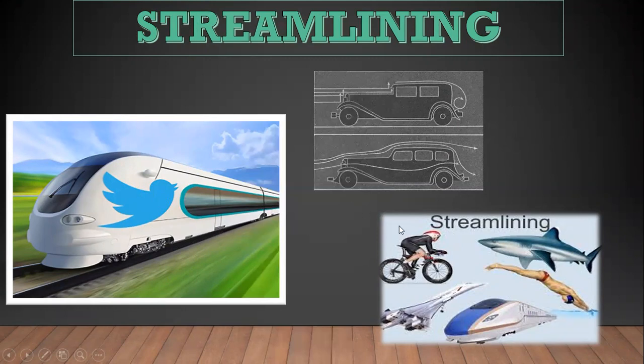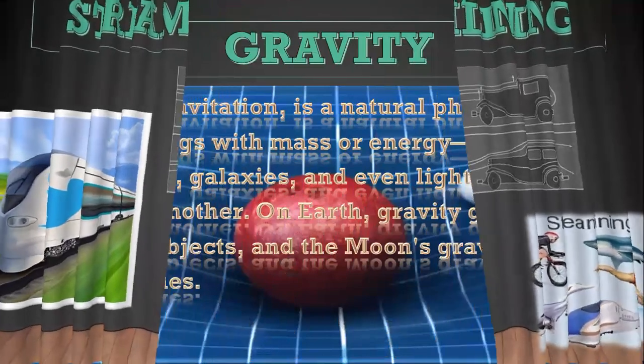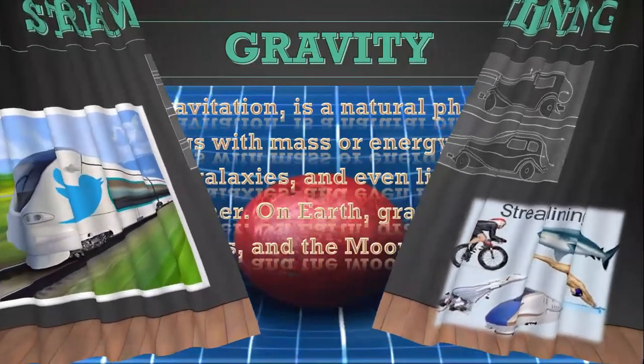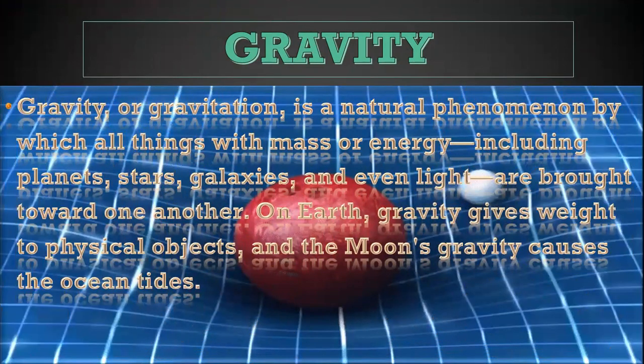You see the helmet of the cyclist is the shape of a streamline. And you know also the shape of the cars. The vehicles are designed with streamlining. Smooth airflow at high speed reduces the air resistance.